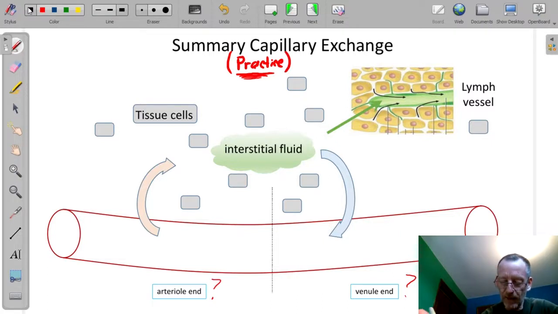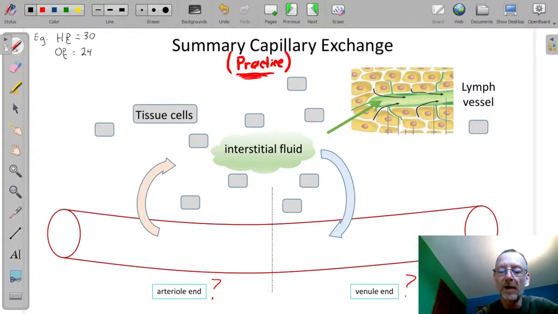So for example, let's say I'm up at the top left corner of the screen. Let's set the hydrostatic pressure in the capillary at 30. Again, all of these numbers are millimeters of mercury. And let's set the osmotic pressure in the capillary at 24.